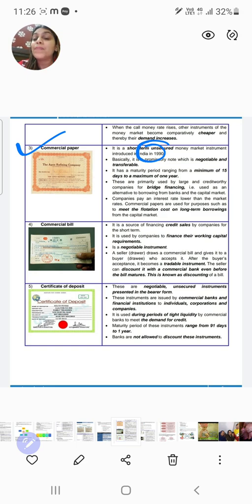Basically the big concerns, big companies, use it for bridging their finance. Bridging means filling the gap between finances, like to meet the flotation cost. Now what is the flotation cost here?